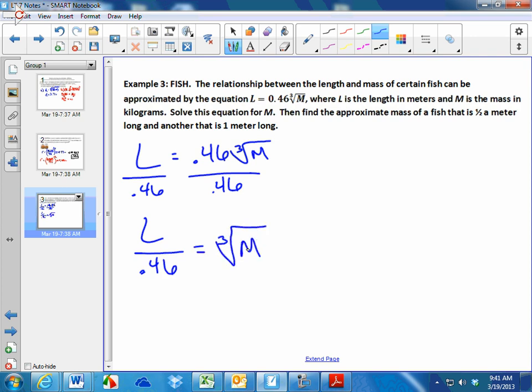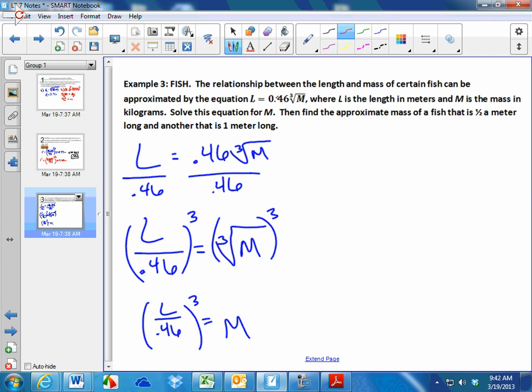And then to get the m out of the cube root, you would cube both sides. Exactly. Cube both sides. So the fraction, L over 0.46 cubed equals m. That's part 1.